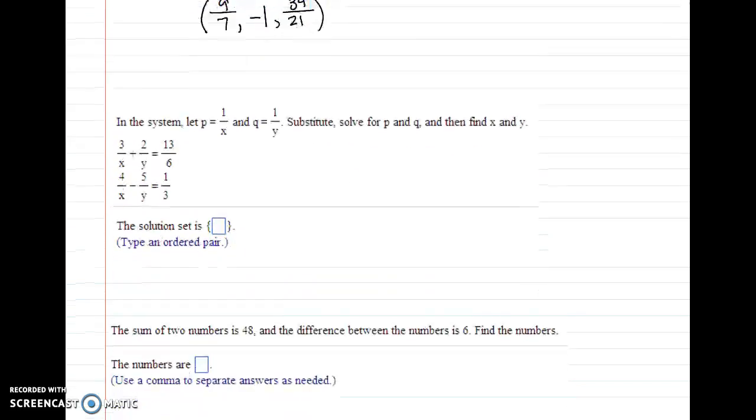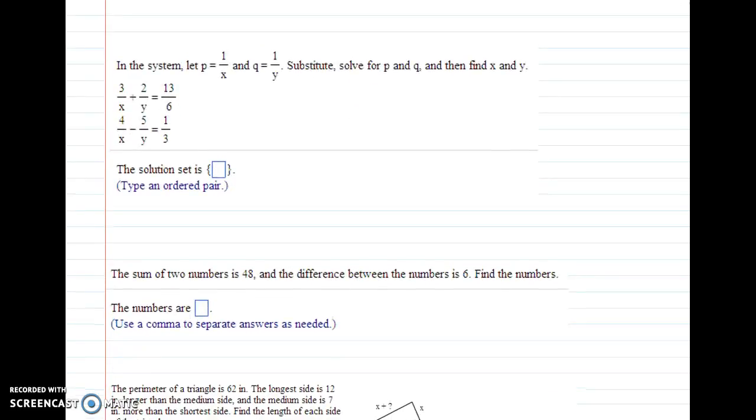Okay? This next one is very weird. It says, let P equal 1/x, Q equal 1/y, solve for P and Q, then find x and y. How unusual. So what they're saying is, this 3/x is 3 times 1/x.